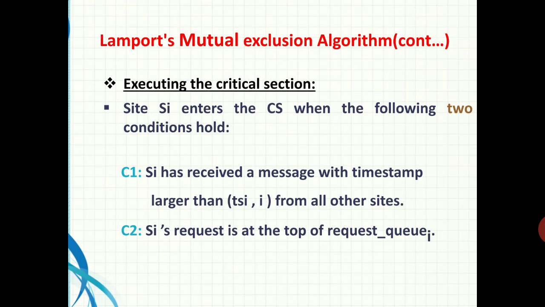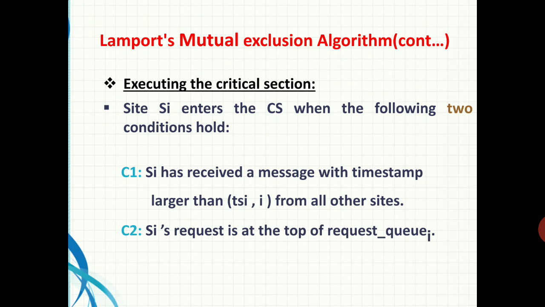Then the second part is executing the critical section. A site Si enters the critical section when two conditions hold. The first condition is that Si has received a message with a timestamp larger than its request's timestamp from all other sites. That is, it has to receive a reply from all the sites in the system.